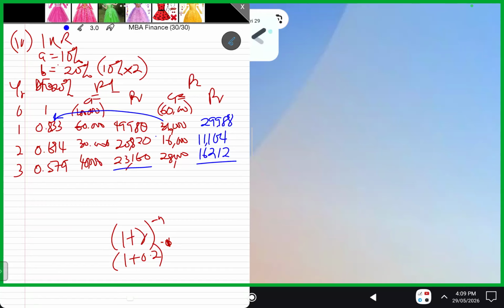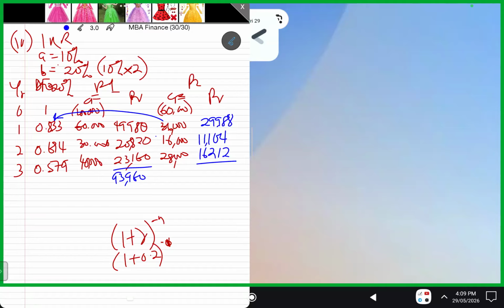Now let's add all the PVs. Plant 1 is P1, plant 2 is P2. For plant 1: 49,980 plus 20,820 plus 23,160 gives us 93,960.